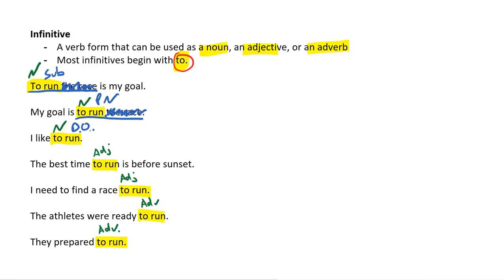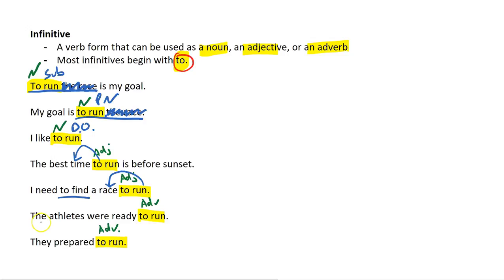In the fourth one, the best time to run is before sunset. In this case, to run is acting like an adjective, describing the time. It's also an adjective in the fifth one, and it's describing the race. It's also worth noting there's another infinitive in there, and that's one acting like an adverb, I believe.